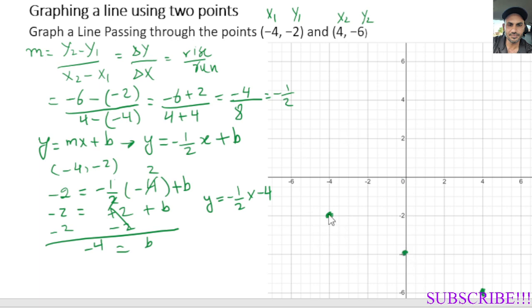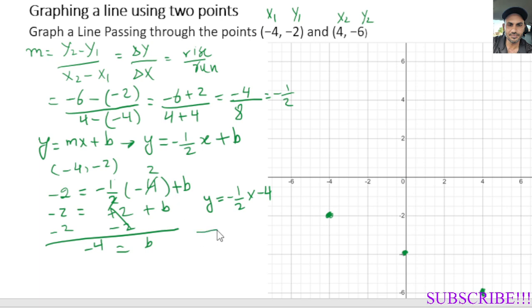Now let's draw some more points on the graph. We know that the slope is -1/2, so for every 2 units in the x direction, the graph moves down by 1 unit. So rise is -1 and the run is 2, so it's like this.